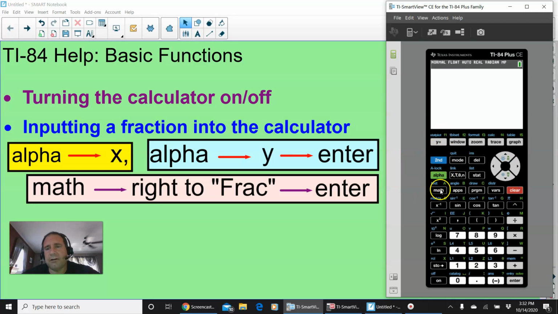Or you could go the third way: press math, go all the way over to where you see frac, and then press enter, and that will help you input a fraction.